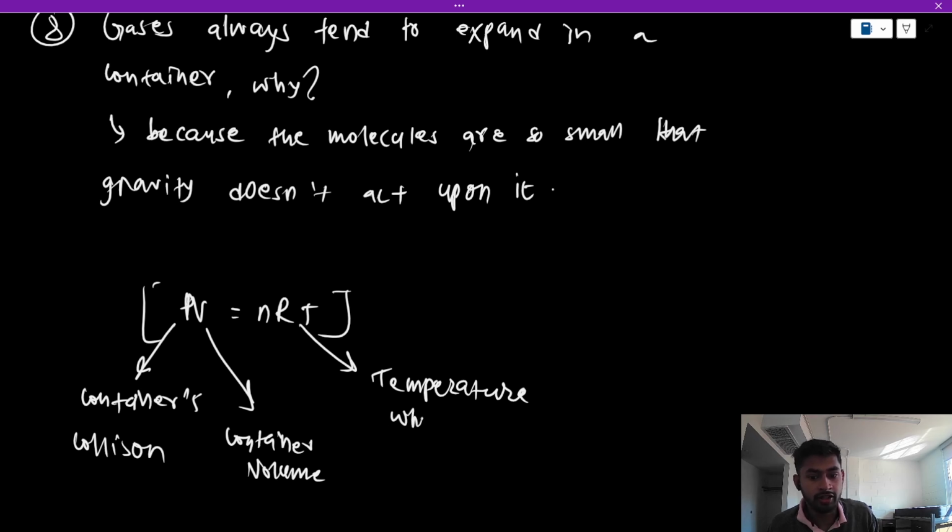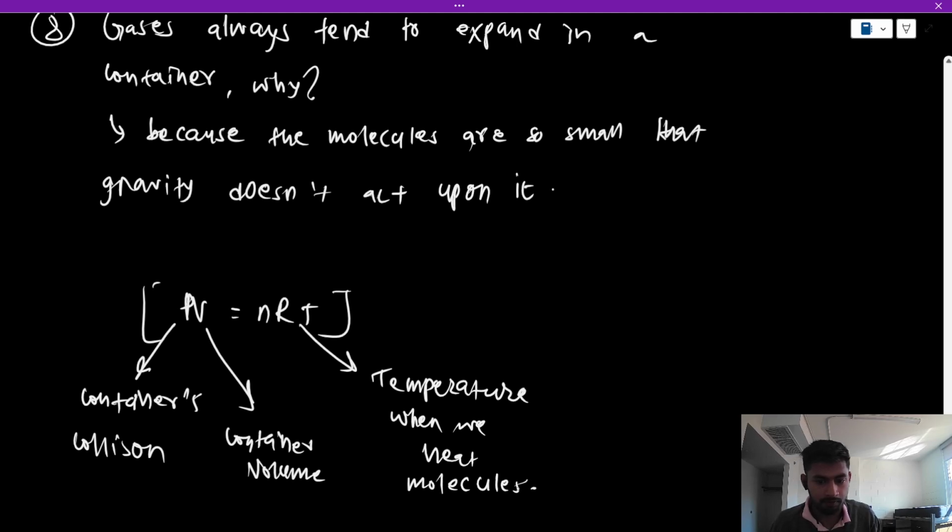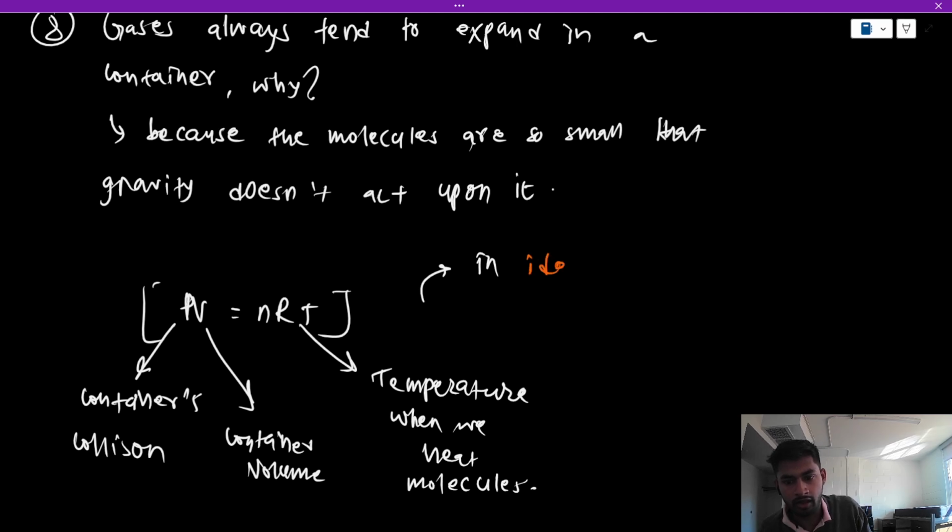When we heat the molecules, nothing else in ideal gases, which has to be crystal clear, because while solving numerical problems, most of the time we end up confused by the wording about whether we are supposed to consider the pressure of the gases itself, the container, and the volume of the molecules too.